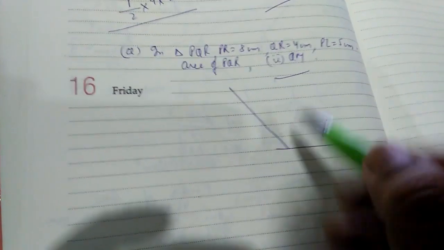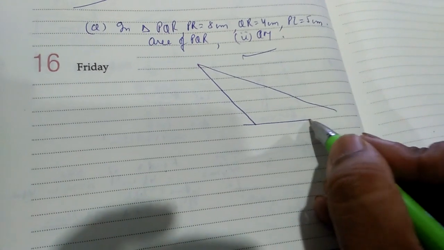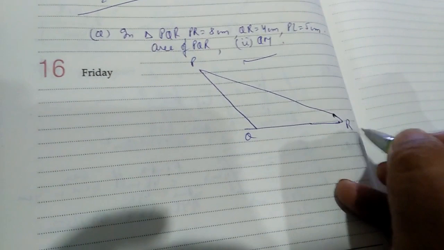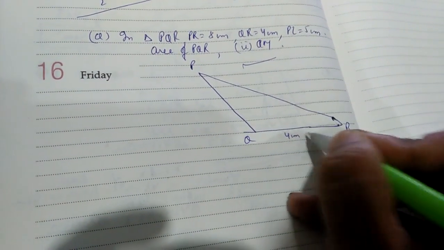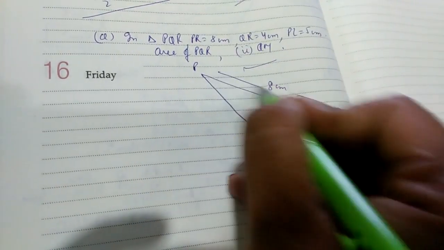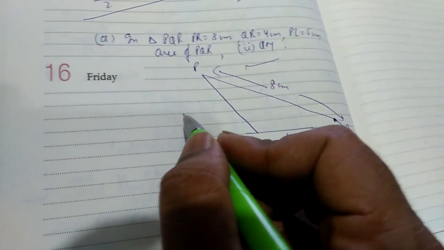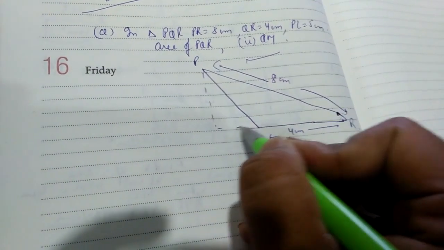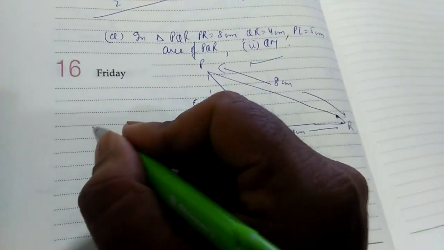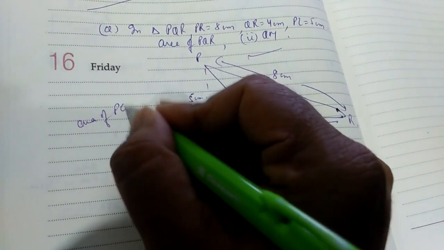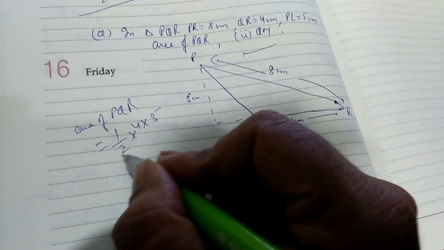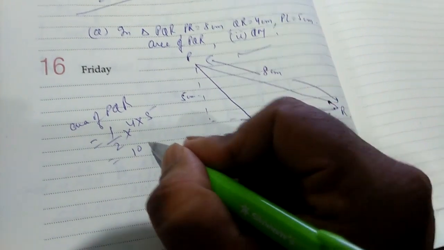So QR is equal to 4 centimeter, PR is equal to 8 centimeter, and PL is the height of this triangle, which is 5 centimeter. So area of PQR is equal to half of base into height, which is 5, so 10 centimeters square.